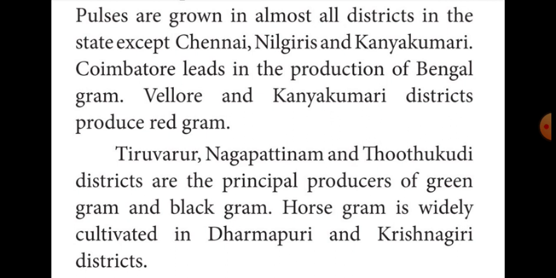Then Coimbatore leads the production of Bengal gram, and Vellore and Kanyakumari districts also produce red gram. Red gram means Tuvaram Paruppu.